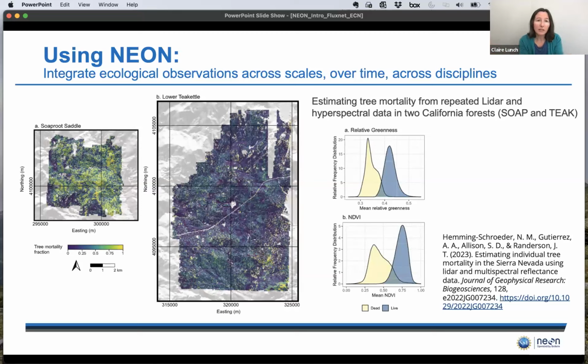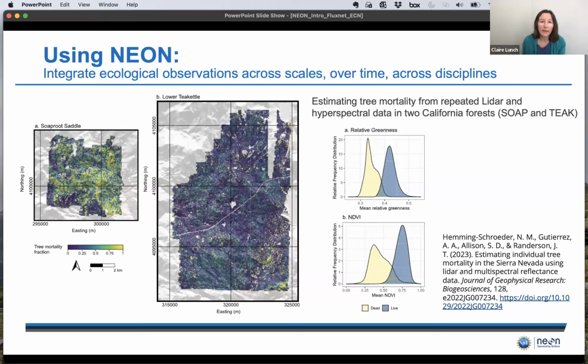This is looking at tree mortality in California over about a 10-year period, using the fact that NEON has flown and collected LIDAR and reflectance over forests in California starting in 2013. And if you think about 2013 through 2020, some of those were really severe drought years for California.